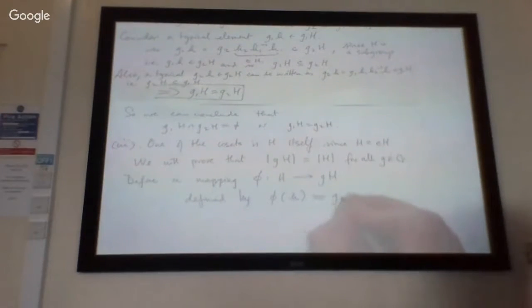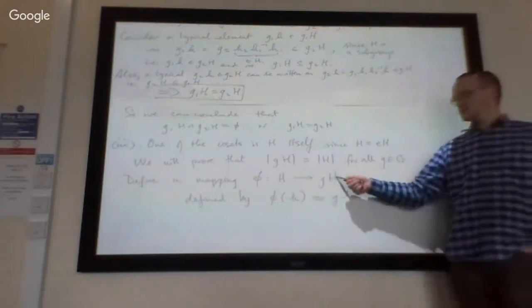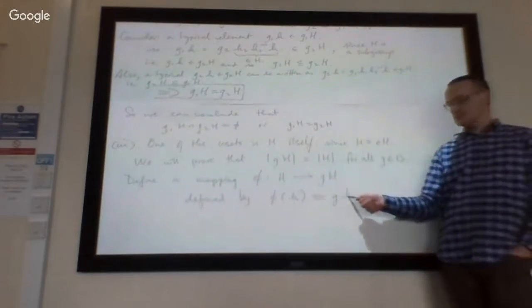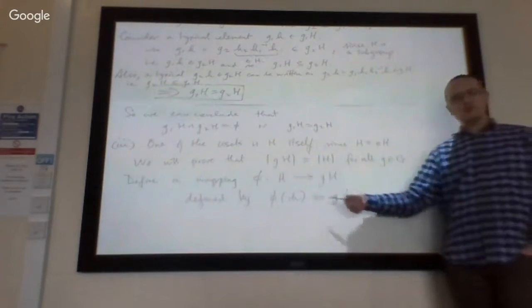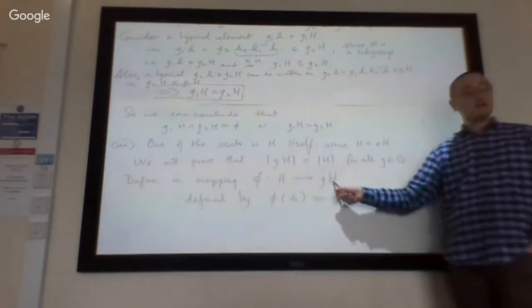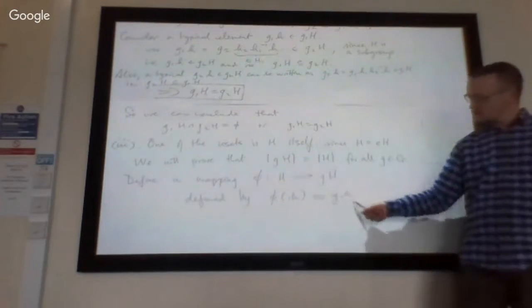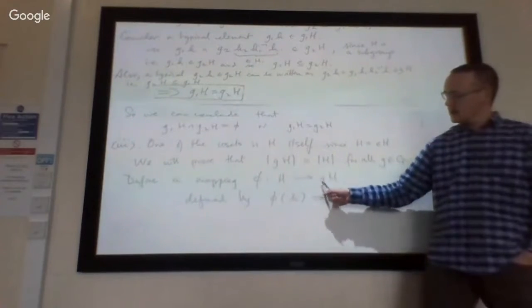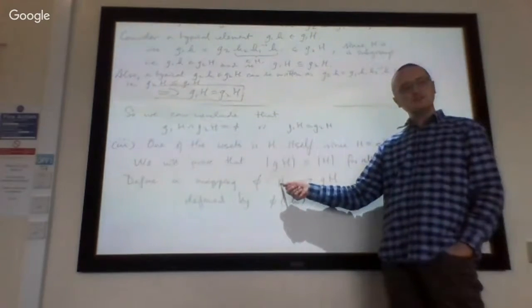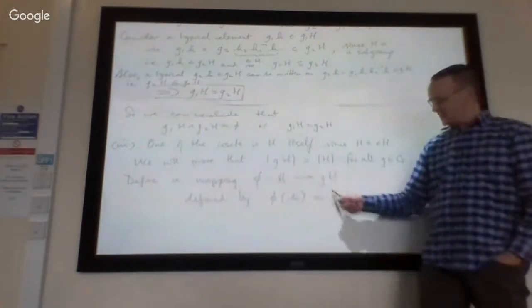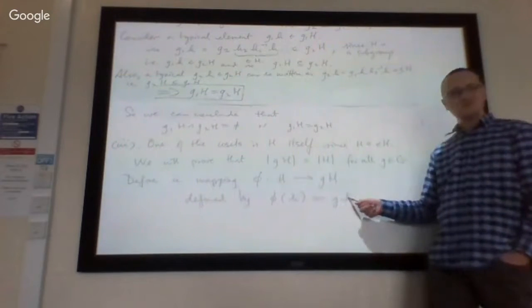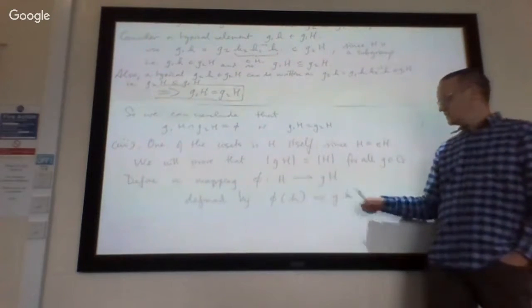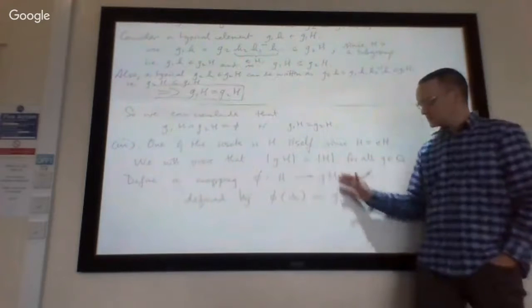That's certainly an element of this coset because it's little g times something. And it'd be perverse to define it to be any other element, because you're trying to associate an element of the coset with an element of the subgroup. But by definition, the elements of the coset are little g times something from H. So you'd be making life complicated if you were going to mix it around a little bit.